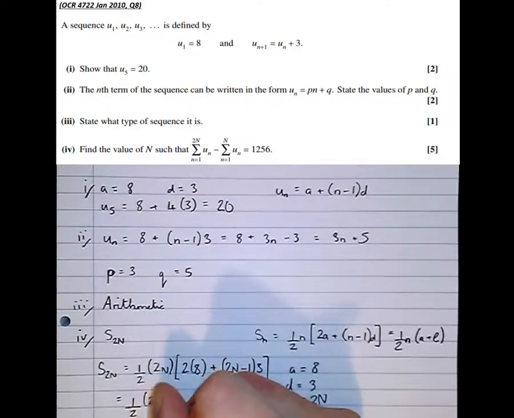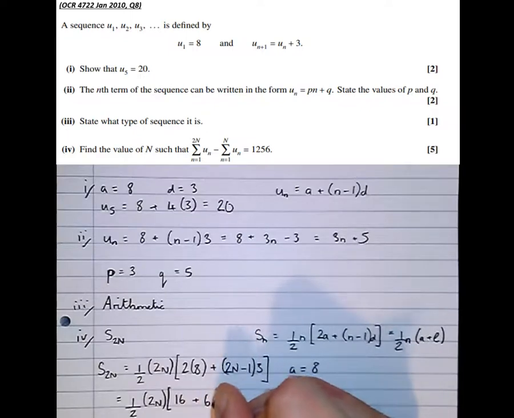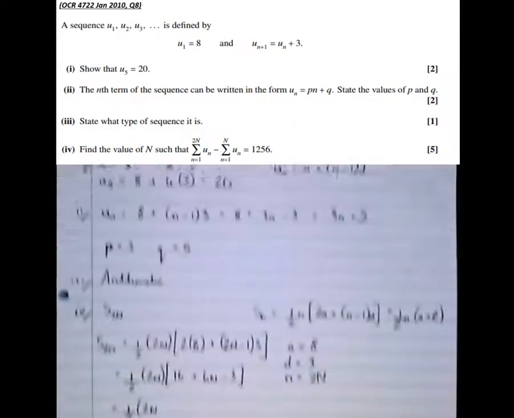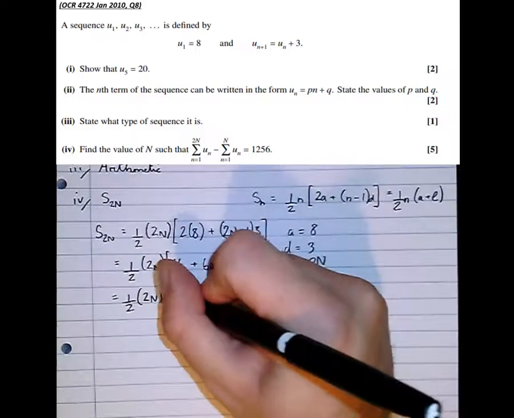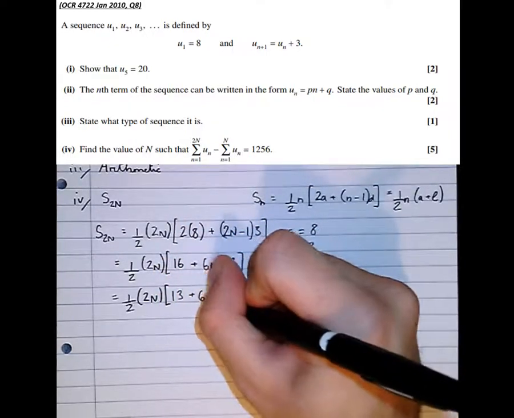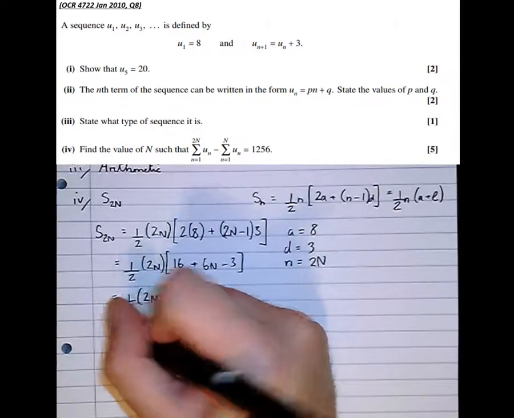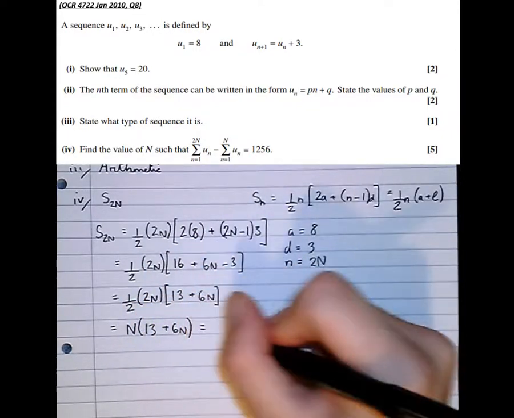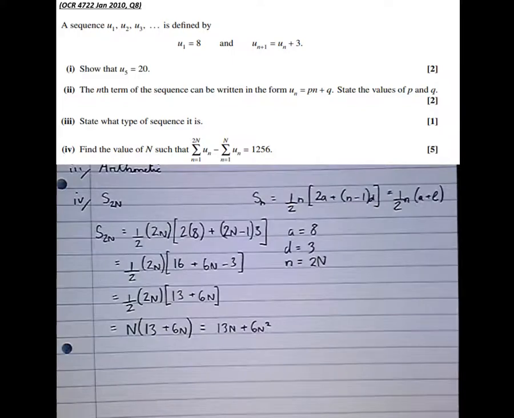So a half 2n, 16 plus 6n minus 3, equals a half 2n, 13 plus 6n, and then a half times 2n is just n, equals n times 13 plus 6n, equals 13n plus 6n squared. And we've simplified that as far as we can.